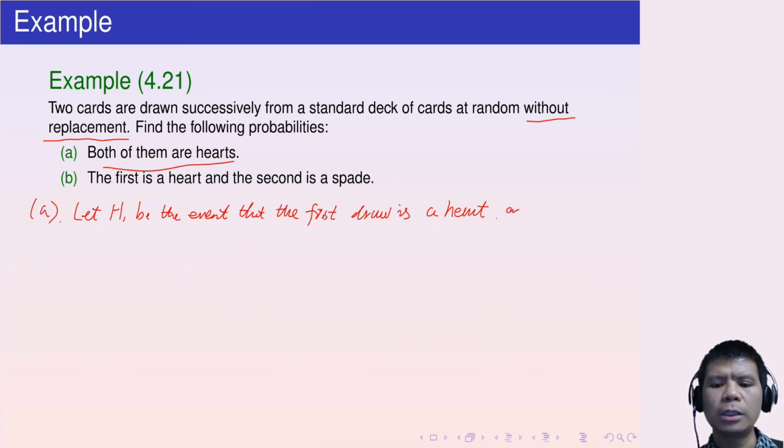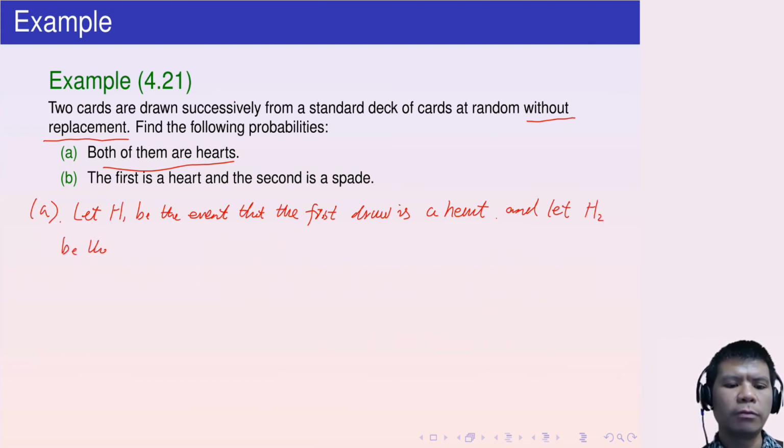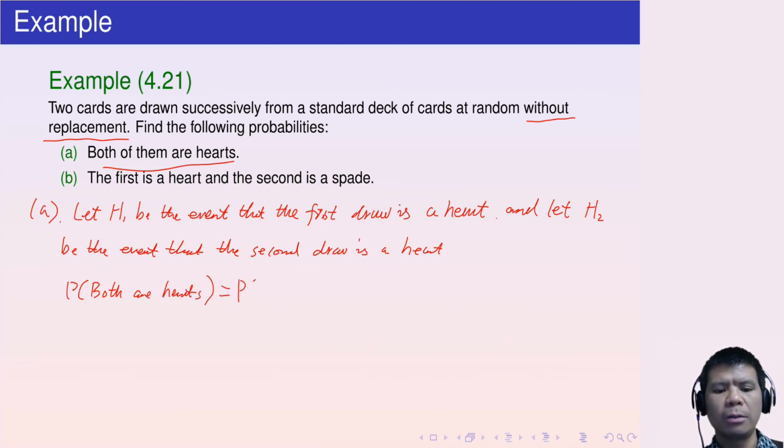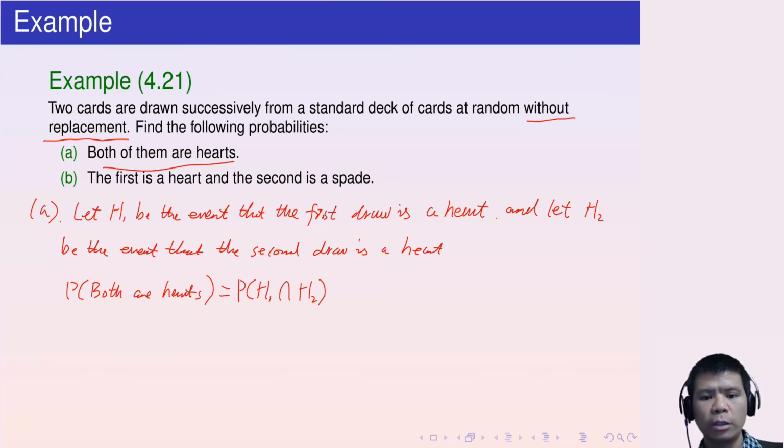Let H2 be the event that the second draw is a heart. Therefore, the probability that both are hearts means the first is a heart and the second is a heart.